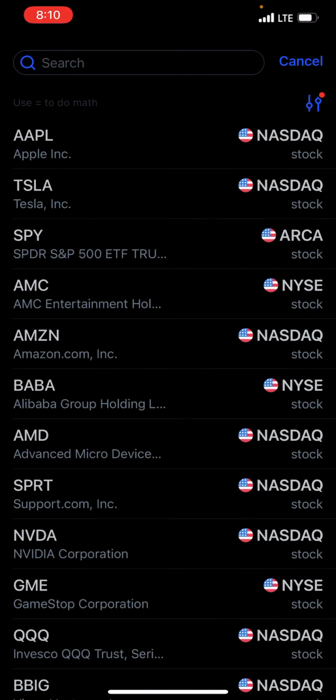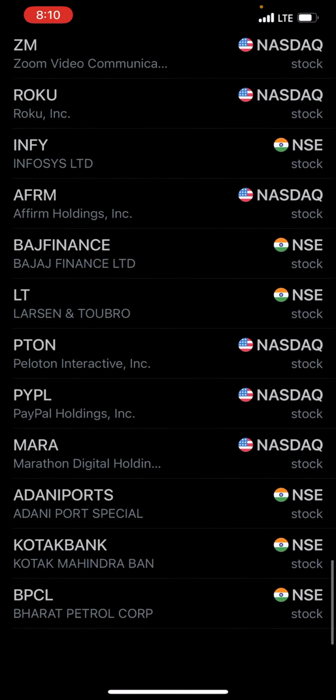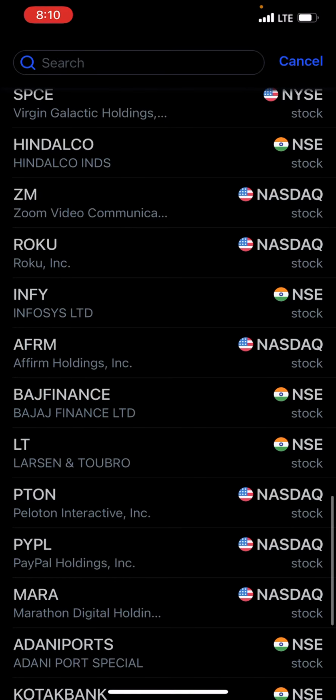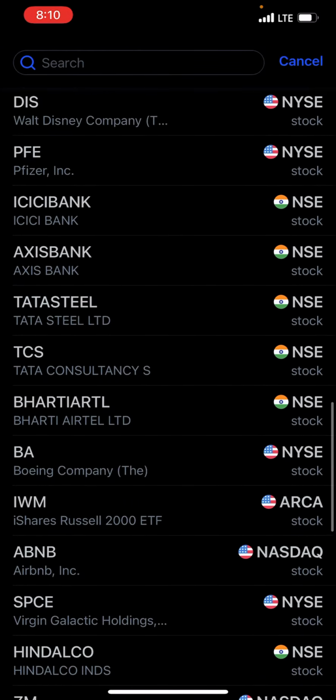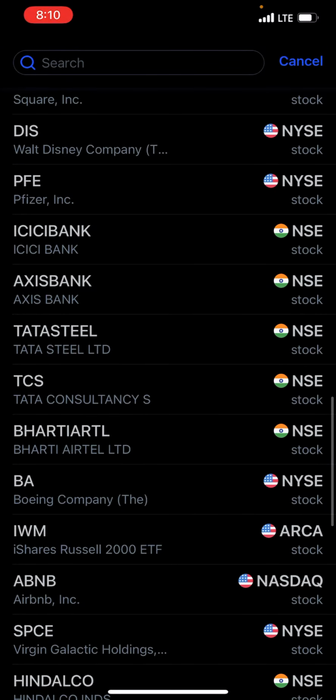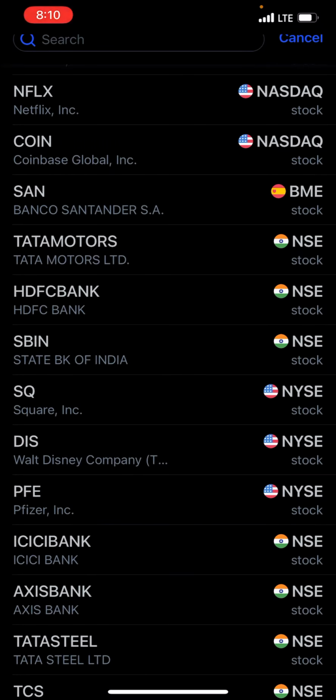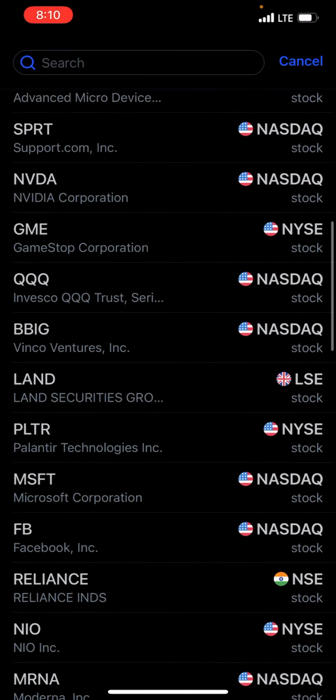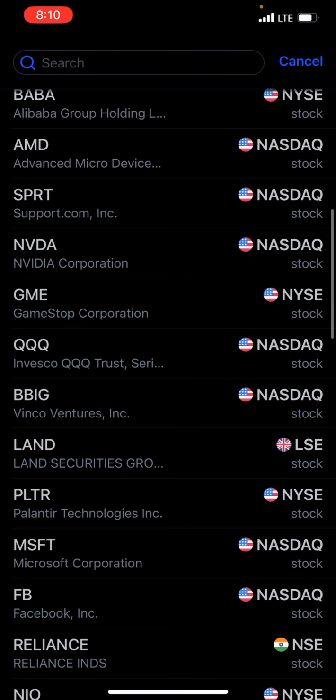SPRT, for example, about a week or two ago I saw it somewhere in the bottom half of this filter. So you can catch things early if it's new to the list. Definitely something to keep an eye on when looking at the most popular stocks, the ones with the most searches, the most people doing TA on.